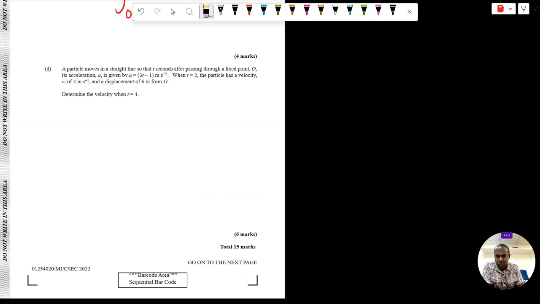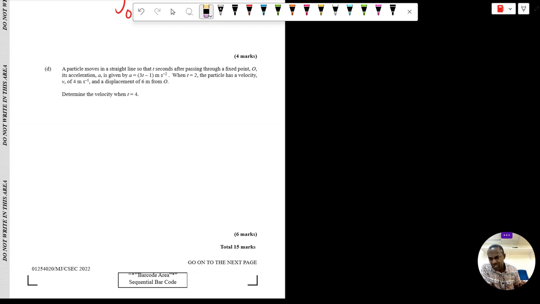When t equals 2, the particle has a velocity v of 4 meters per second and a displacement of 6 meters from O. So we're given quite a bit of information there. Information pertaining to the velocity at a particular time and the displacement at a particular time as well.